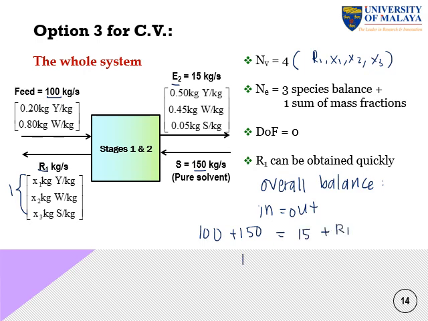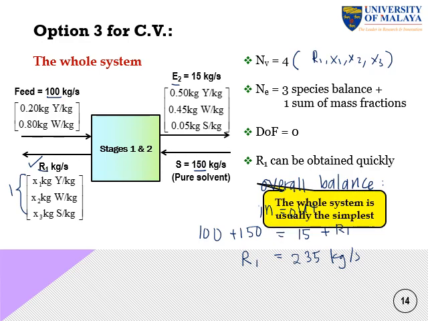So you can quickly calculate R1 here. So you get 235 kilograms per second. You have solved for R1 already, so you can solve for X1, X2, X3 quickly. Usually for a non-reactive material balance, the whole system is usually the simplest. Remember this for non-reactive material balance.